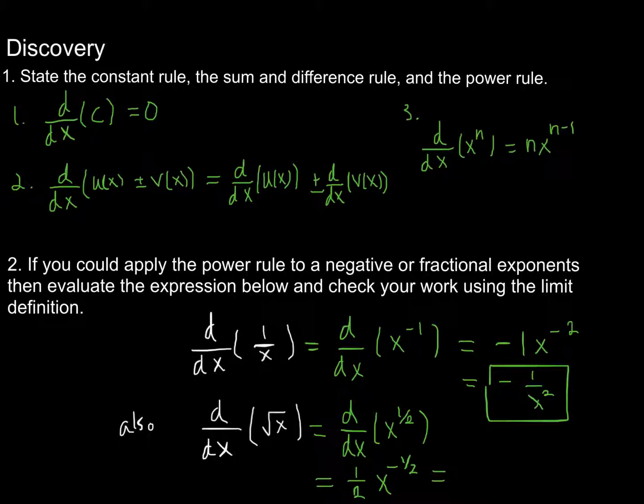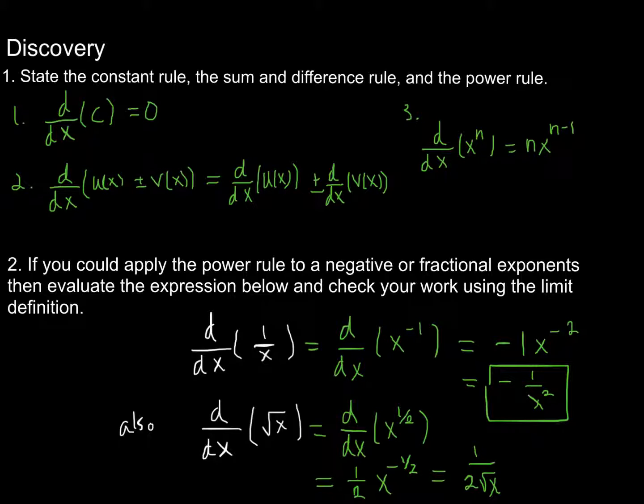And if you were to then drop that down into the denominator, you'd have x to the 1/2 in the denominator, which is just the square root of x. You'd have 1 over 2 times the square root of x. And that seems like a lot easier of a process, right? If you go and you confirm your answers using the limit definition, you should get the same value. But just think about the time that you're saving.